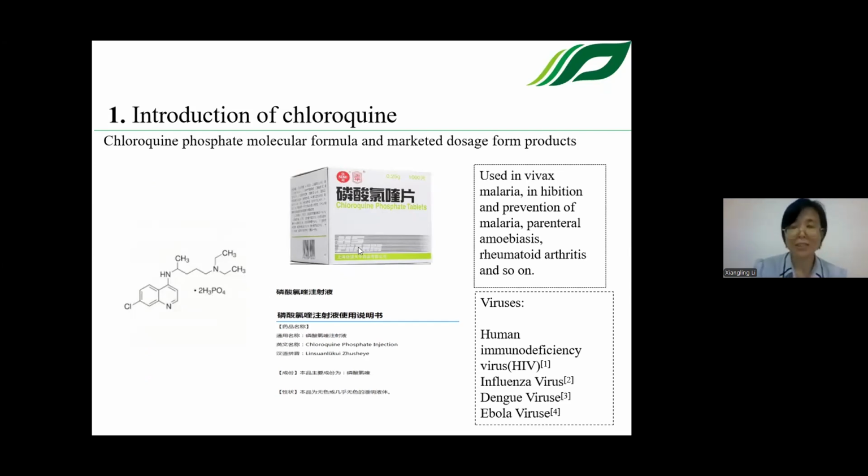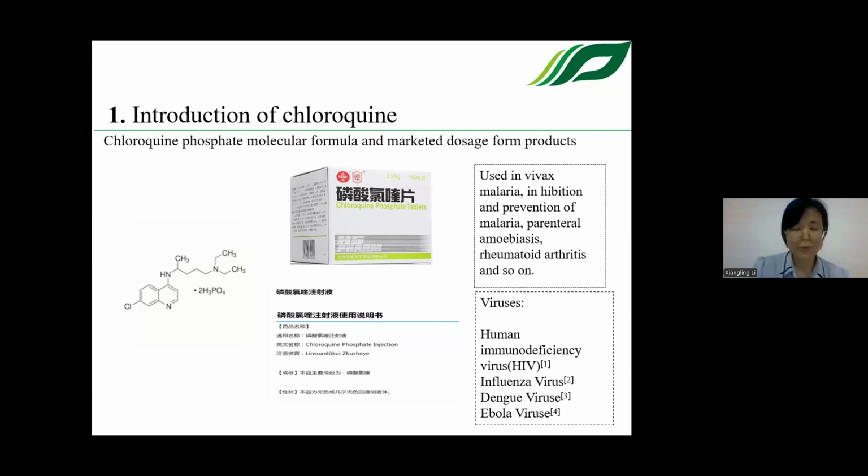CQ tablets are usually used for inhibition and prevention of malaria, and also for rheumatoid arthritis and other diseases.